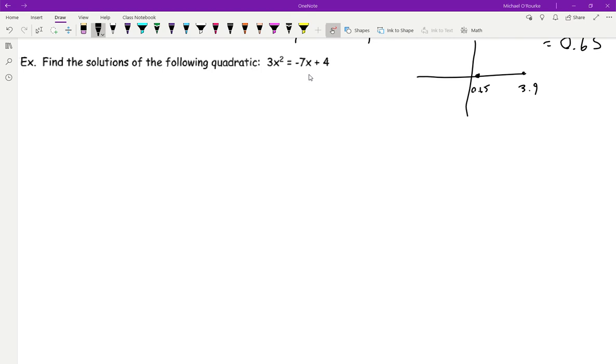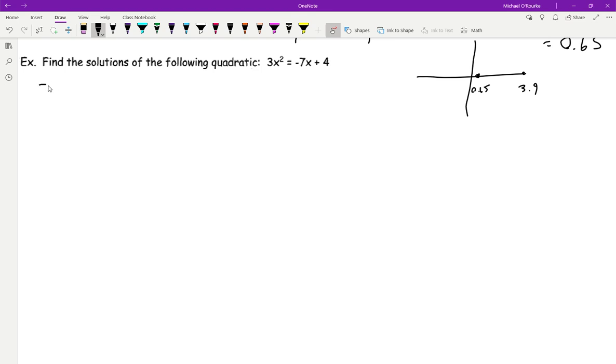So what's the first thing we have to do? Is that quadratic set up for us to get A, B, and C from? Yes or no? Bring over a value. Good. So we got to collect everything on one side. We could collect everything on the left side or right side. I like to bring these over just because I'm that way.